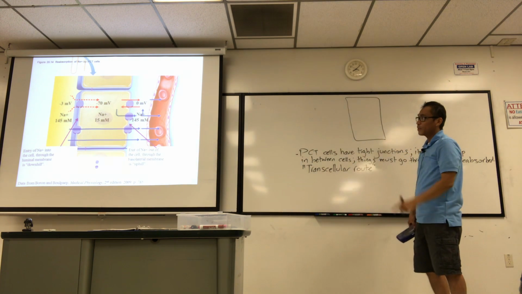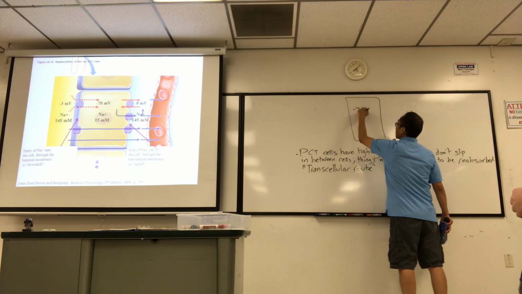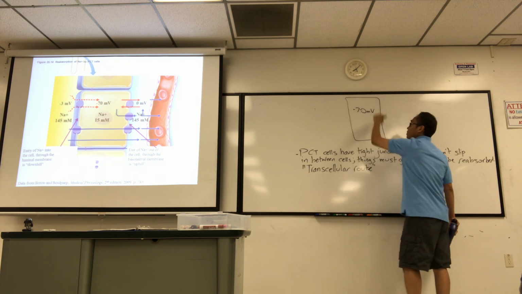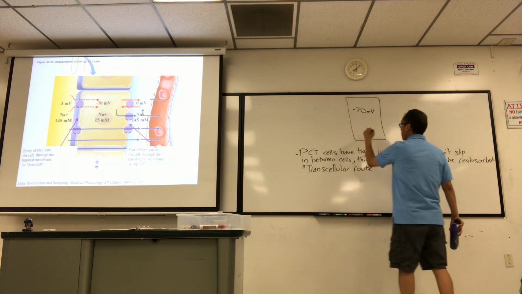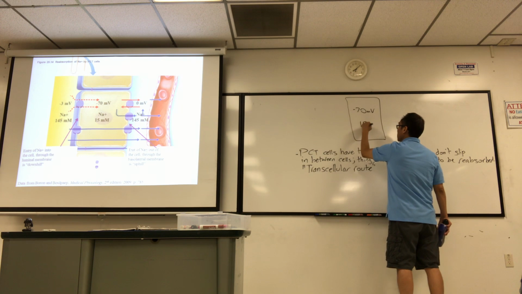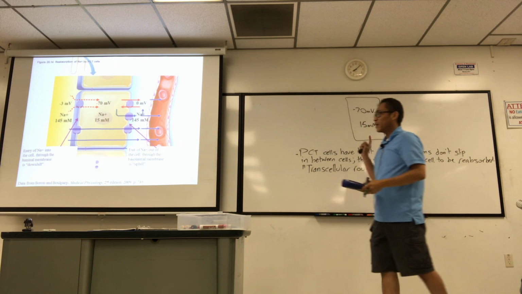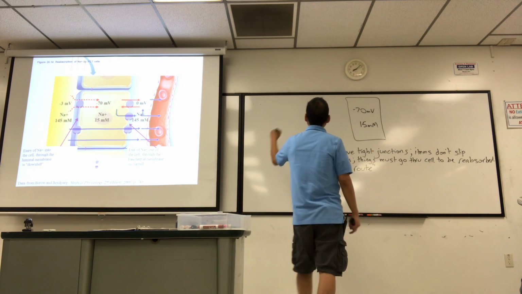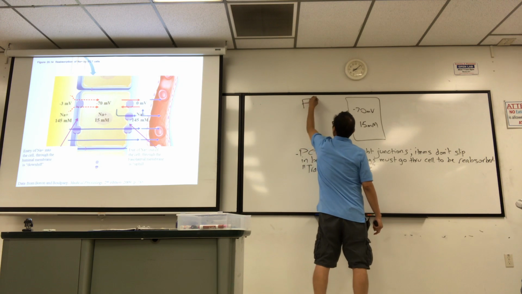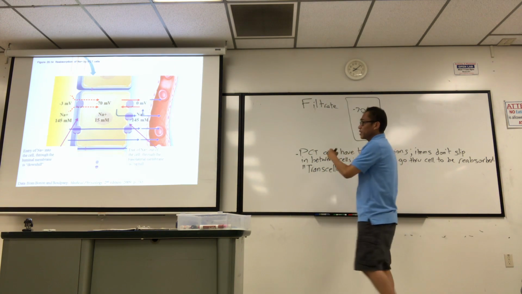I have some numbers in the cell: -70 and 15 millimolar. This is referring to sodium concentration. So that's in the cell. On one side of the cell, on the filtrate side, well, you can see it, -3, 145.